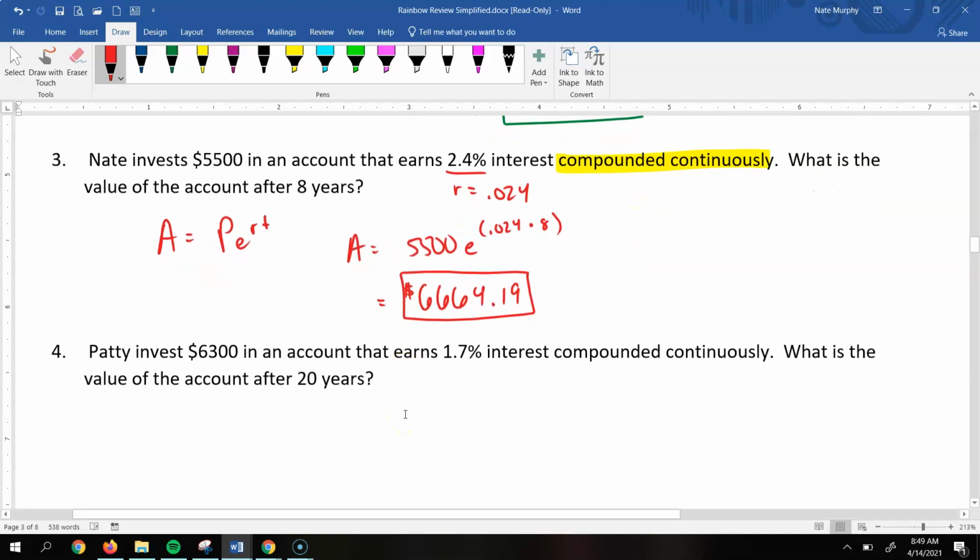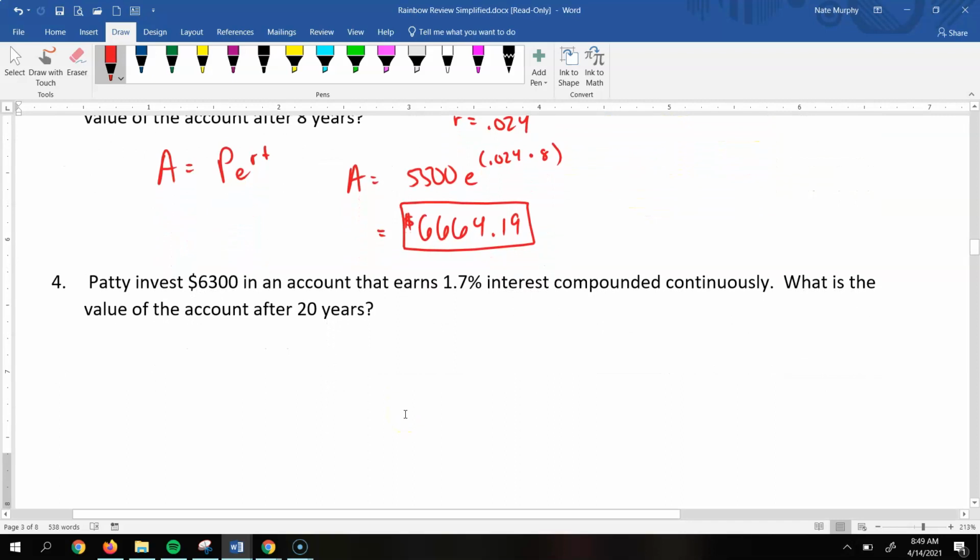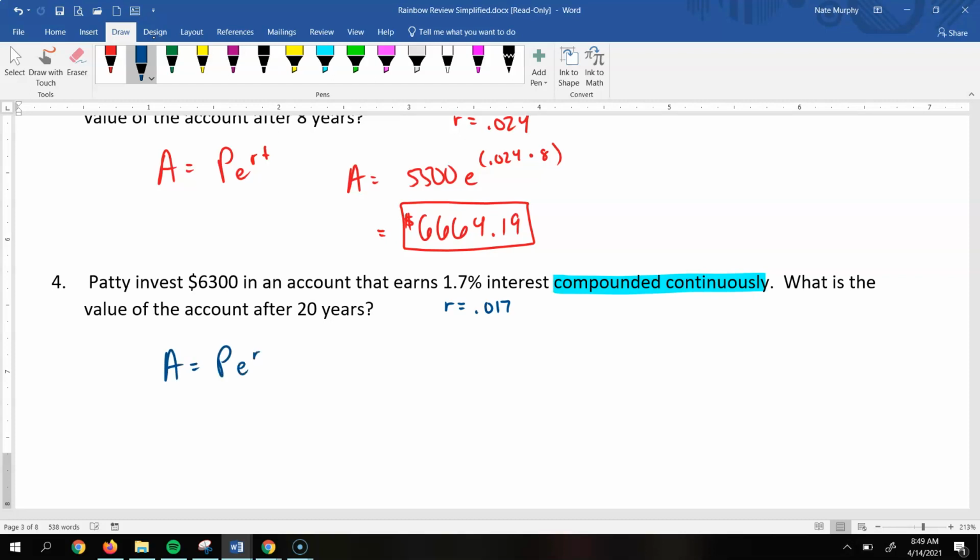All right, let's look at number 4. It says Patty invests $6,300 in an account that earns 1.7% interest compounded continuously. Again, we see that phrase. What is the value of the account after 20 years? For this one, the rate would be 0.017, the principal amount would be $6,300, and the time would be 20 years. Since it says compounded continuously, remember that means we use the PERT formula, just like the previous one.